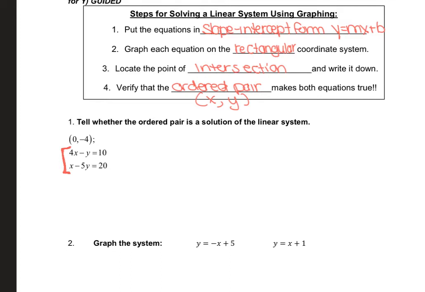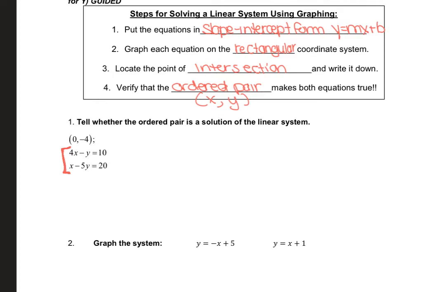This is why we're working on the rectangular coordinate plane, or the Cartesian coordinate plane, which has the x-axis and the y-axis. The x-axis is left-right and the y-axis is up-down. Therefore, our answer will always have an x and a y.